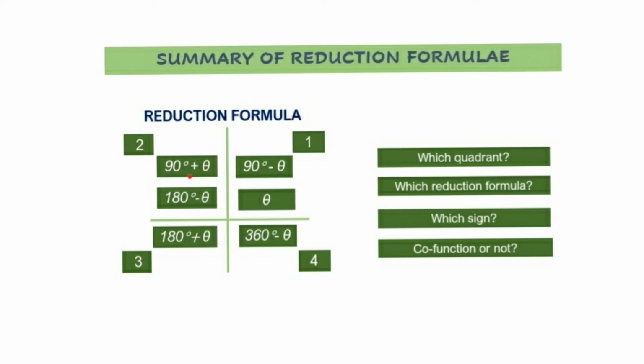Now when we're doing any sum where we have an angle larger than 90 degrees and we want to reduce it to an angle between 0 and 90 degrees, we're going to ask 4 questions. Which quadrant? Which reduction formula? Which sign? And then we have an extra question: is it a cofunction or not? Let's see how that works. In quadrant 2, you can have 90 plus theta or 180 minus theta.